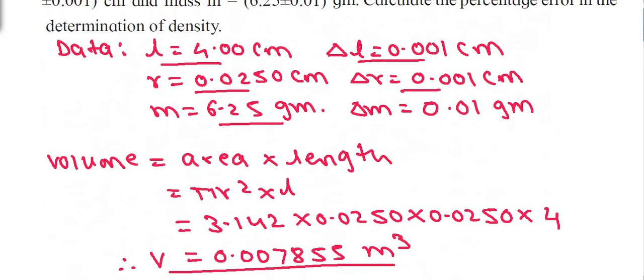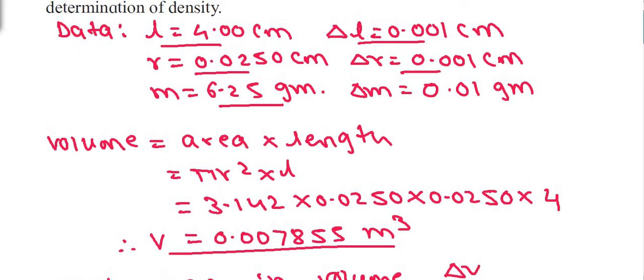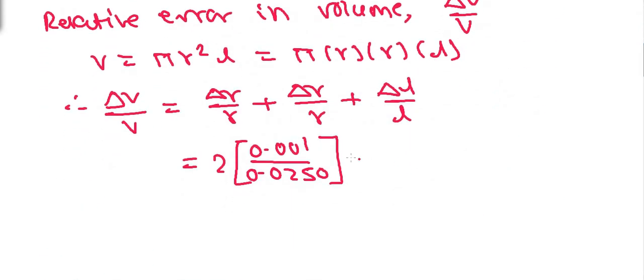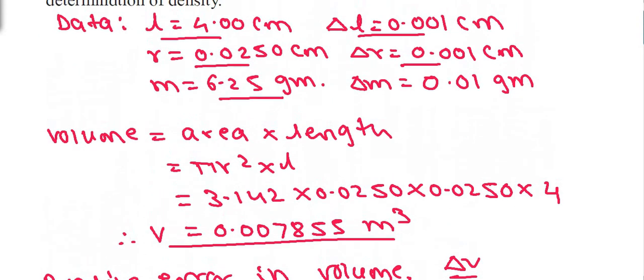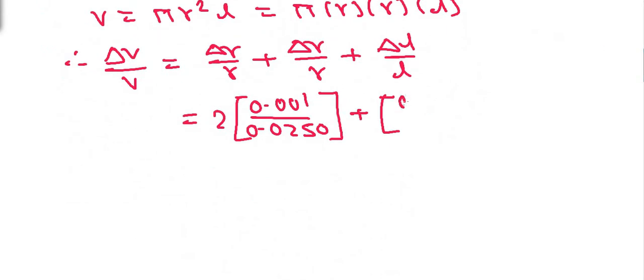Now what is delta R? 0.001 divided by the value of r, 0.0250. So is r 0.0250? Yes. Plus delta L. Now delta L is 0.001 divided by 4.